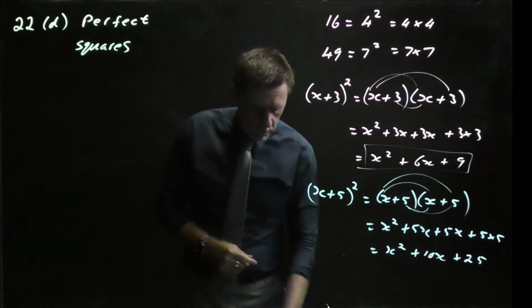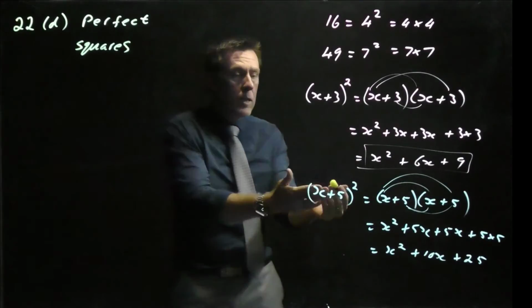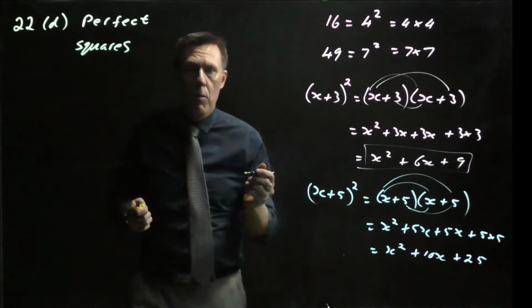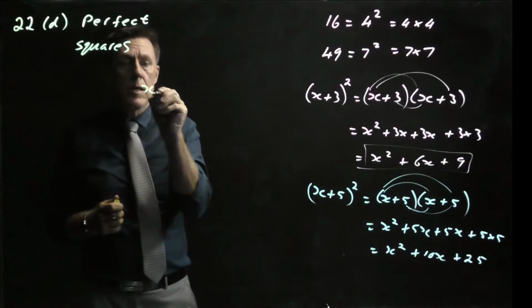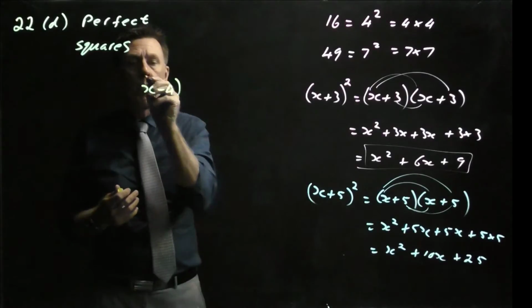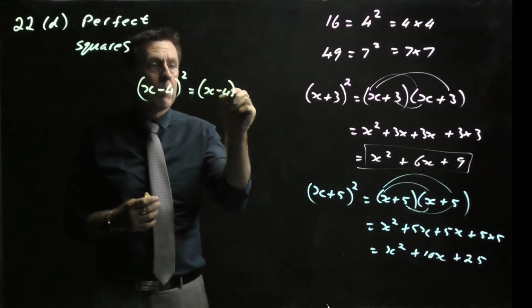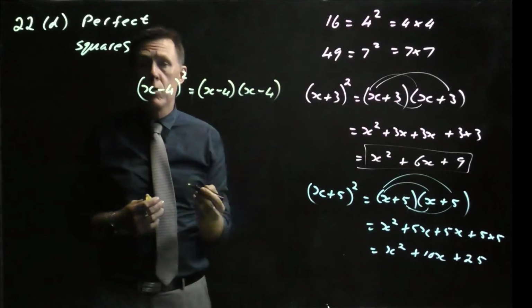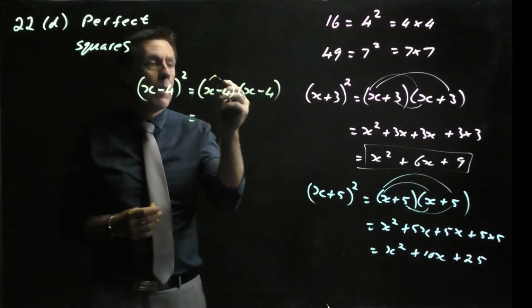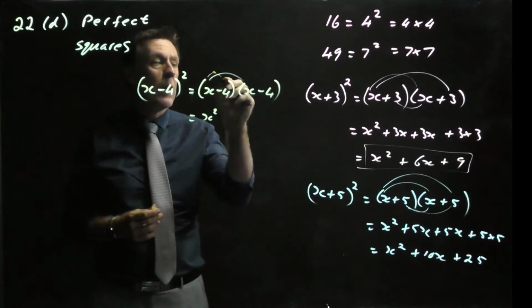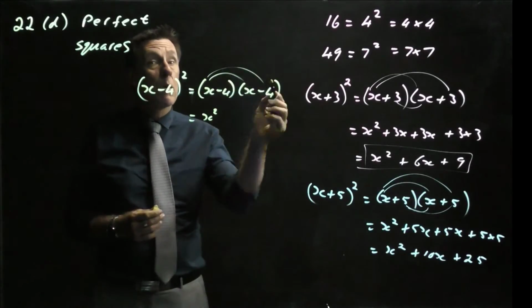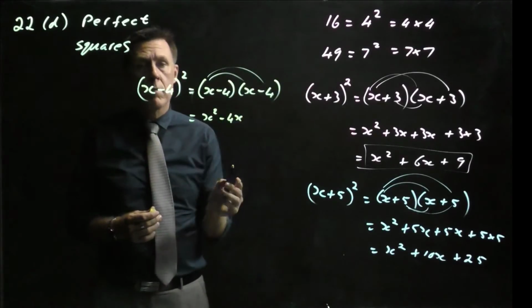I'll do one more. You don't need to have a plus in there. It works just as well for a minus in there. So say x minus 4, square that. So it's just the number times by itself. First one's x squared. The outside ones, x times minus 4 is minus 4x.